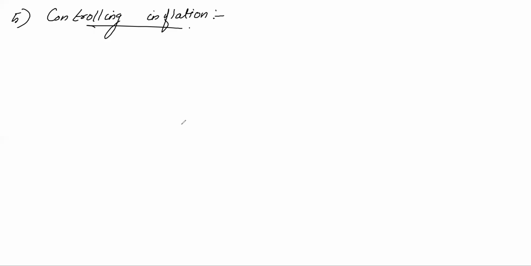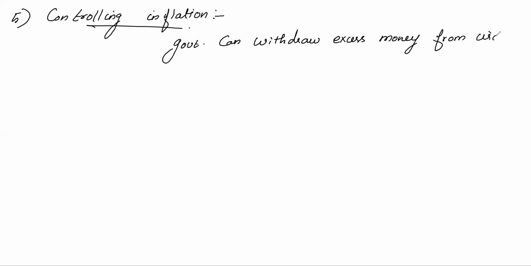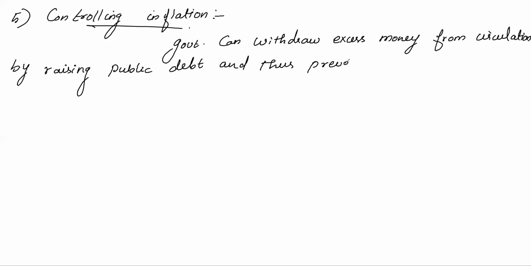So the government can withdraw excess money from circulation by raising public debt and thus prevent prices from rising.